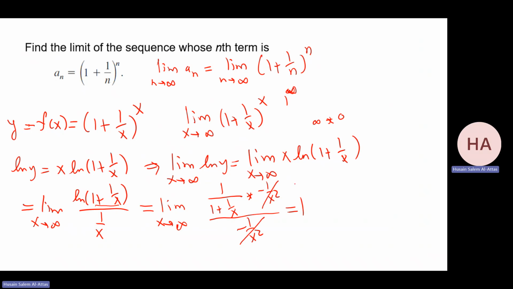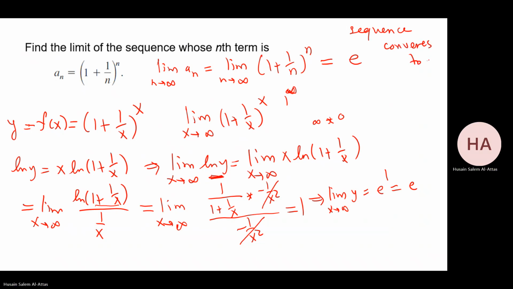Is this the limit of y? No, this is the limit of ln y. So what will be the limit of y? That will be e to the power 1, which is e. So this limit is equal to e. So the sequence converges. So we say the sequence converges to e.